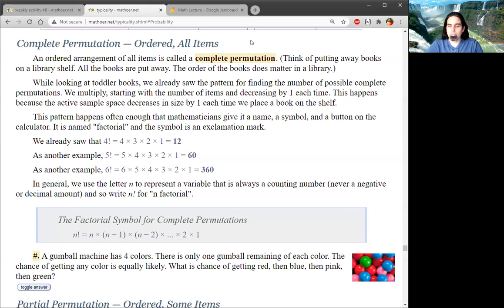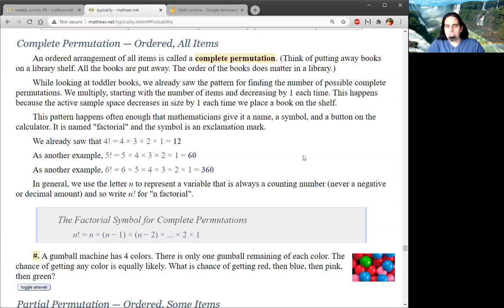One order would make the librarian happy. Any other order probably would not make the librarian happy. When we're looking at the toddler books, we already saw this pattern. We multiply, starting with the number of items, and we decrease by 1 each time. And this happens because the active sample space decreases by 1 each time we put something in the arrangement.